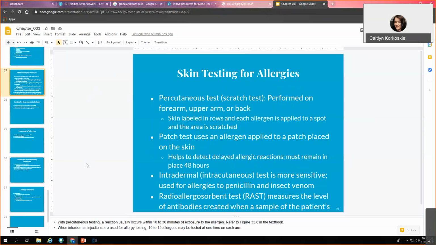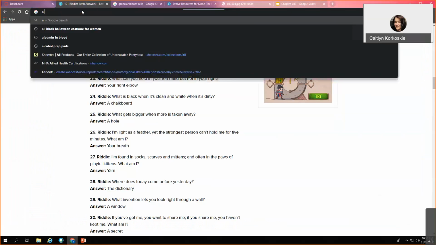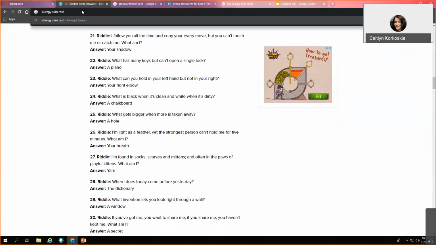An allergist will take certain things that someone might be allergic to and do a patch test or a scratch test, where they take whatever it is that someone might be allergic to and make a grid. Let me see if I can find a photo of that. They'll make a grid and put that specific object in an area to see if they have an allergic reaction. So let me see if I can find an allergy skin test.